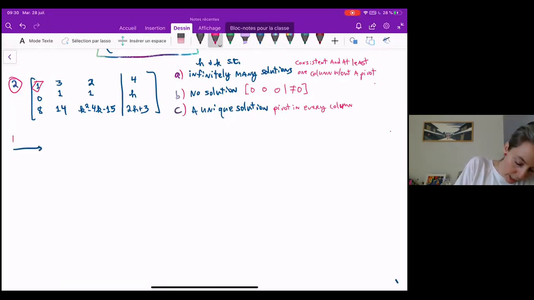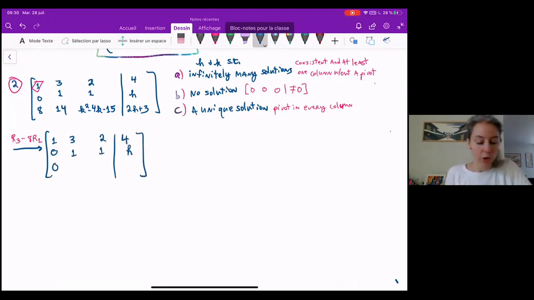I'm going to do row 3 minus 8 row 1, which will give me 1 0 0 3 2 4 1 1 8. So then 14 minus 24, that gives me a negative 10, and then k squared minus 4k minus 15 minus 16. 2h plus 3 minus 32.